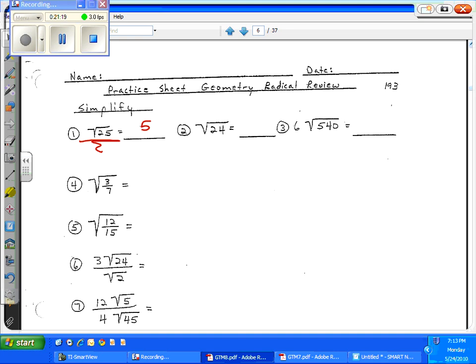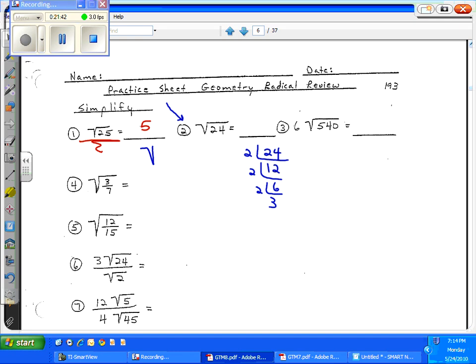So what times itself equals 25? 5. And then that brings us to number 2. And what we would do is we'd say, okay, the square root of 24, it doesn't have a perfect what times itself equals, so we're going to have to simplify it by doing the prime factorization.